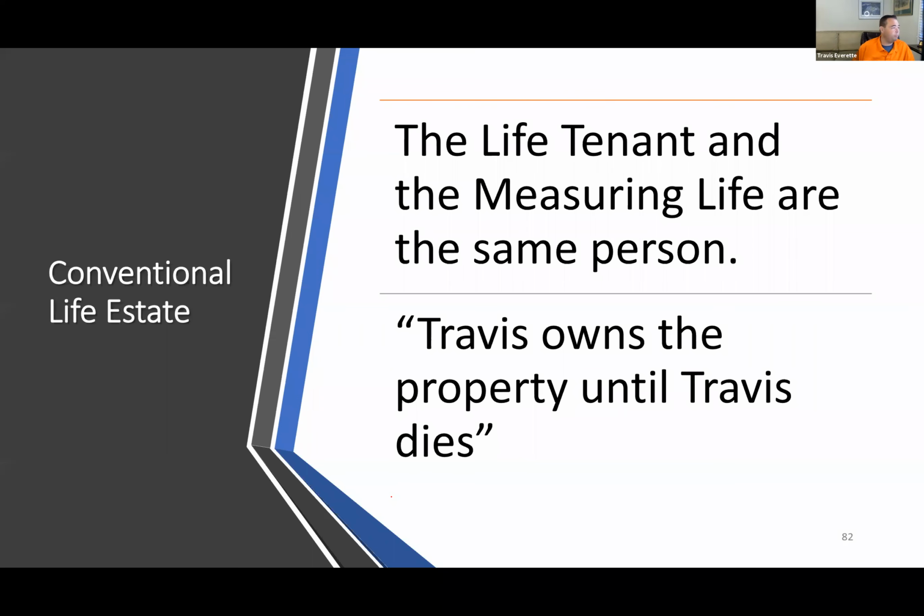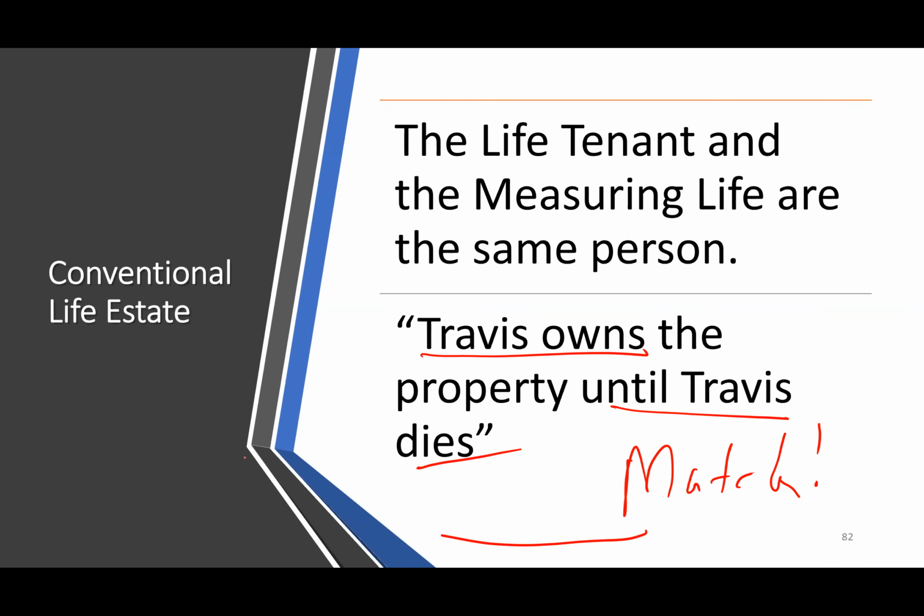That's the life tenant, right? Until Travis dies. That's the measuring life. Life tenant and measuring life are both the same person. If you've got Travis owns until Travis dies, that's a match, then it's a conventional life estate.